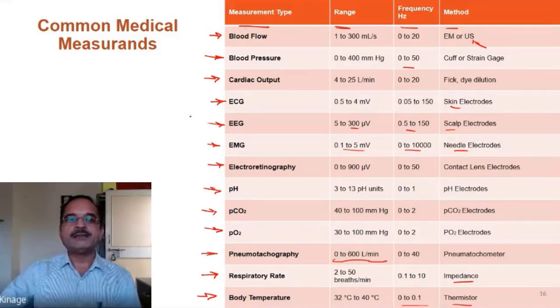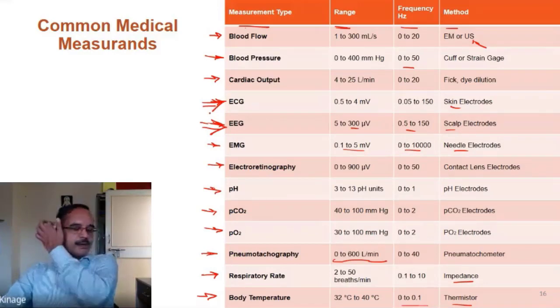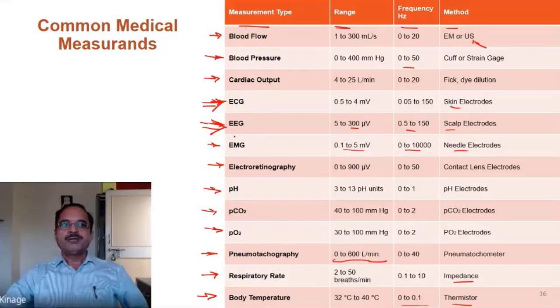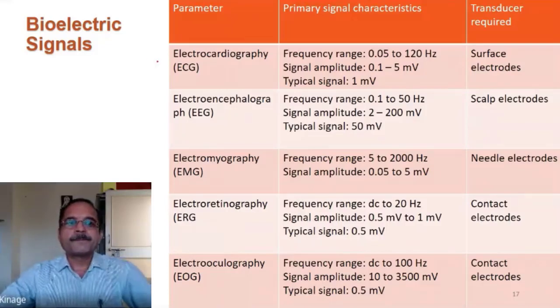Now, as I told you again, in our subject, important for us are ECG and EEG. That we'll study in more detail in unit number 3, 4, 5 and the remaining units. So these are common medical measurements. Again, it's the same thing here.